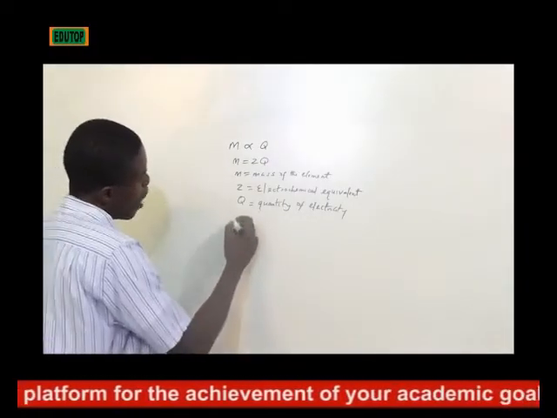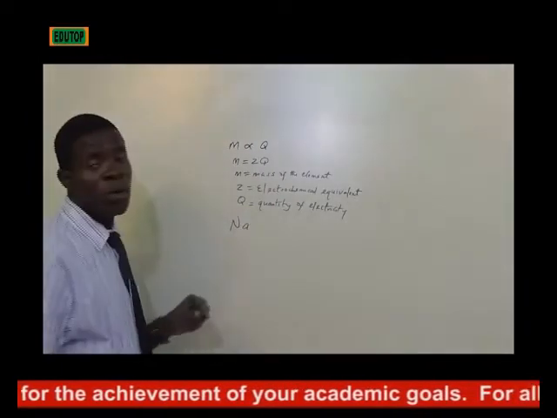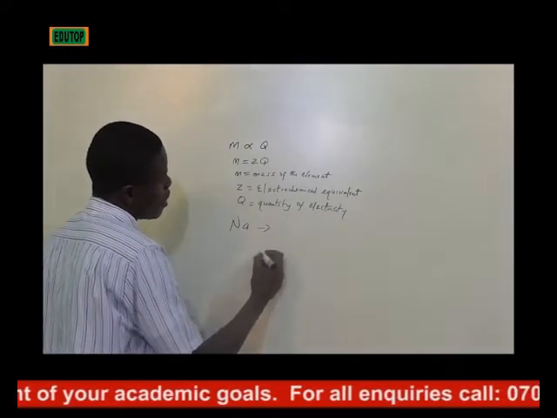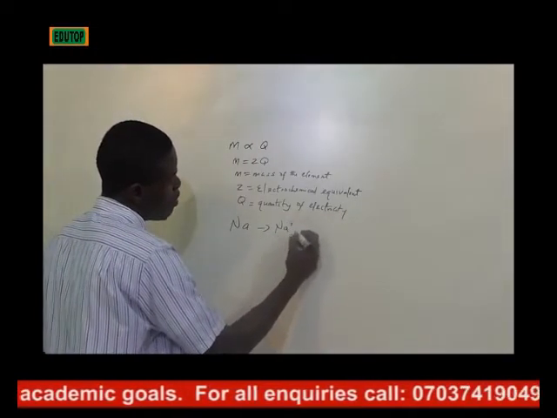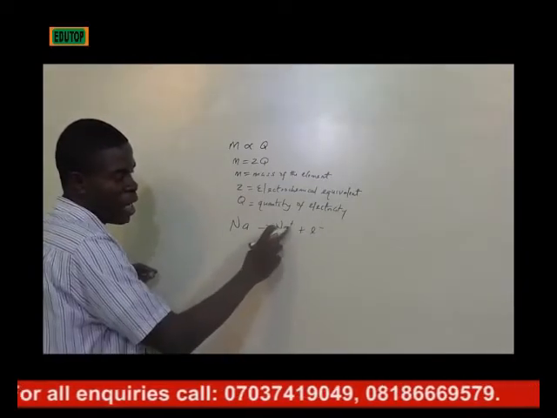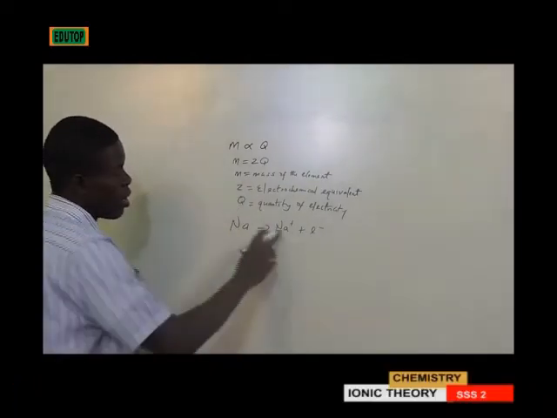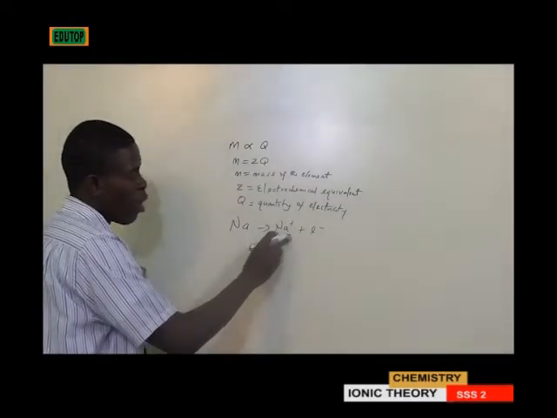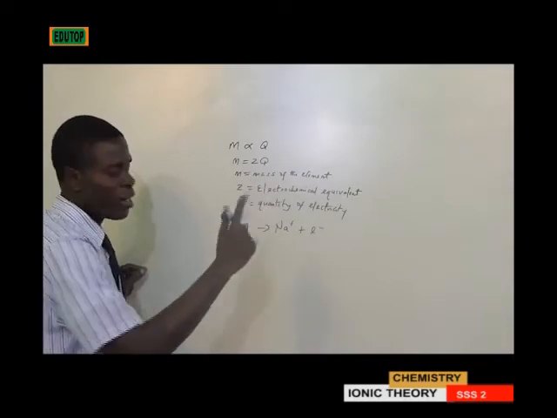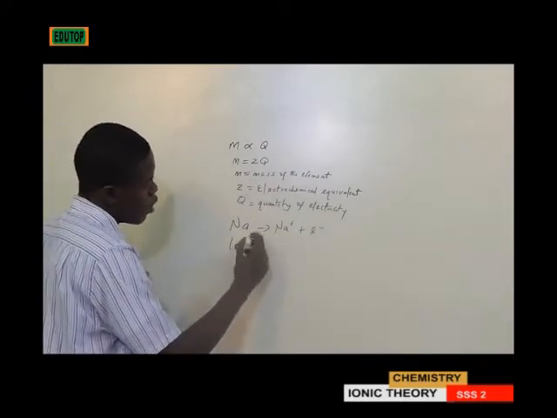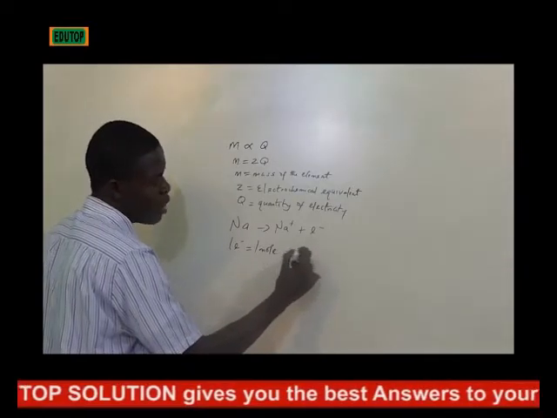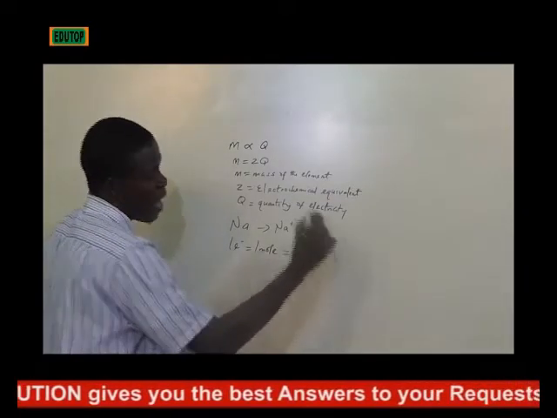A case whereby you have sodium, which is a metal. Here, when it ionizes, it is 1 atom of sodium and the charge on it is 1, meaning that 1 electron is equivalent to 1 mole, and 1 mole is equivalent to 1 Faraday.